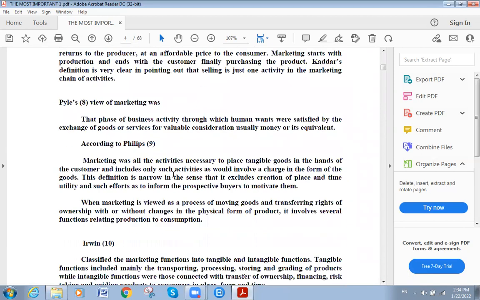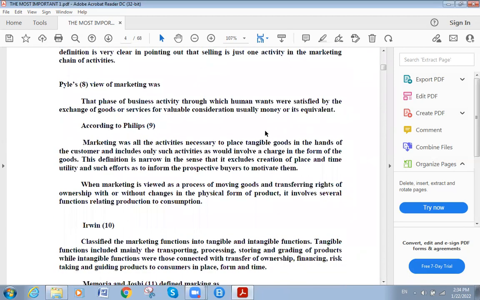Those are some definitions, and we have another definition: that phase of business activity through which human wants are satisfied by the exchange of goods or services for valuable consideration, usually money or its equivalents. And this is another point about marketing.